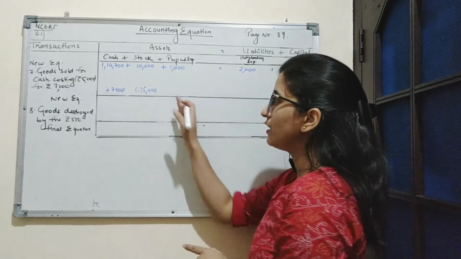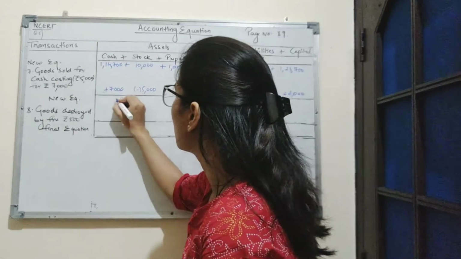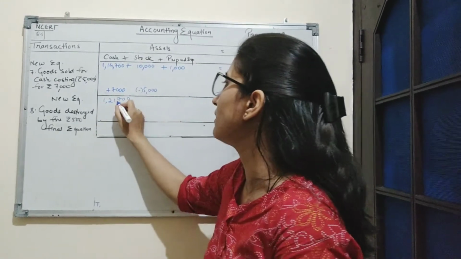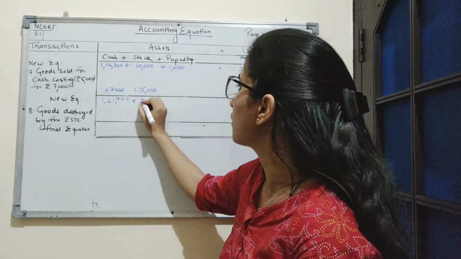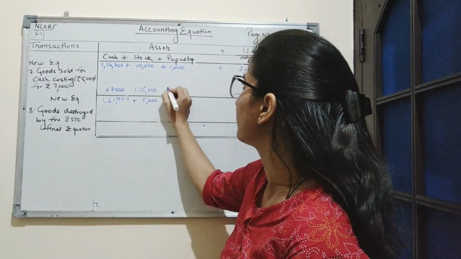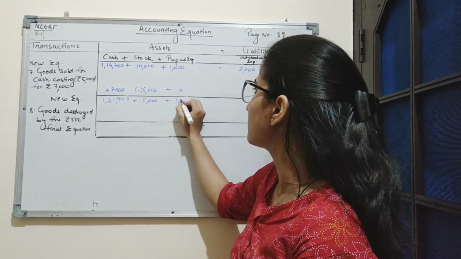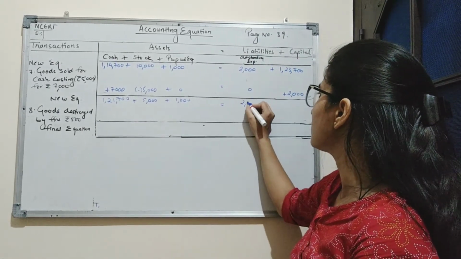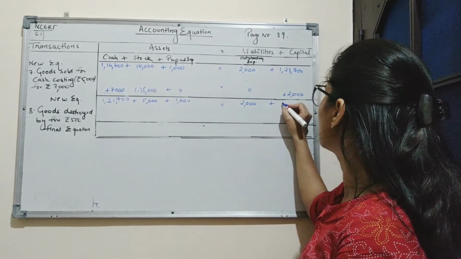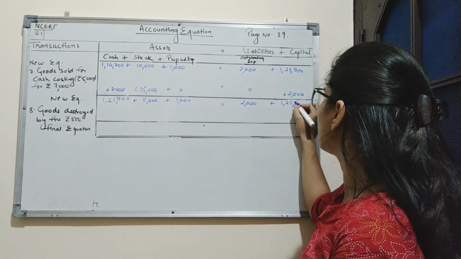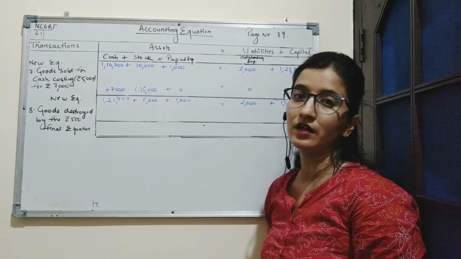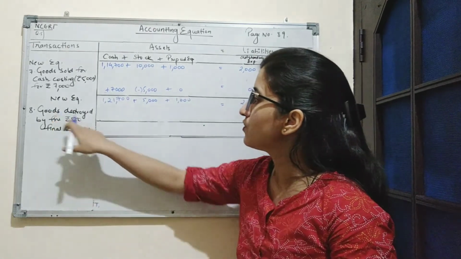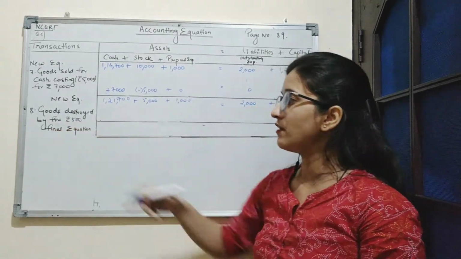Now, by solving these two equations, we get cash amounting to 1,21,700, stock amounting to 5,000, prepaid expenses remains the same 1,000, outstanding expenses 2,000, and capital 1,25,700.